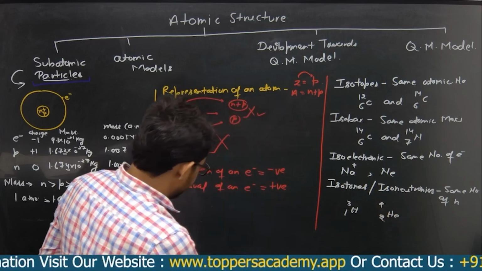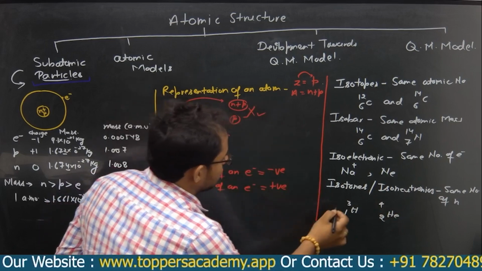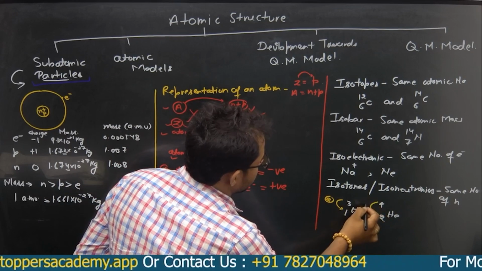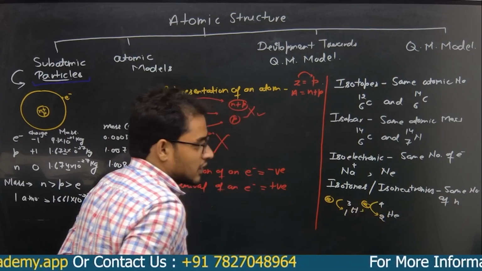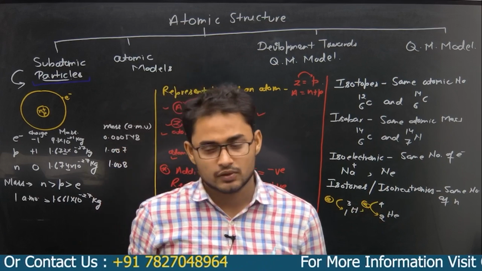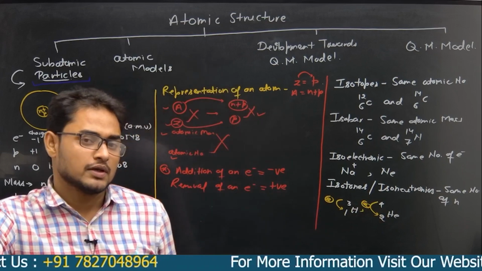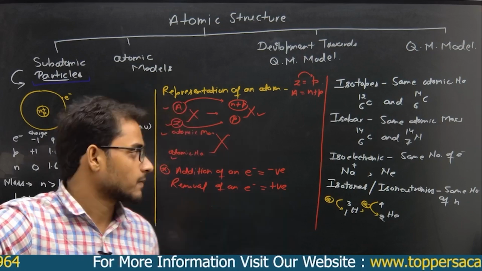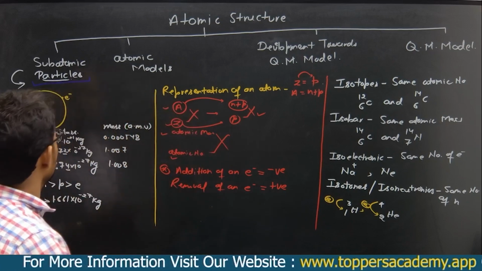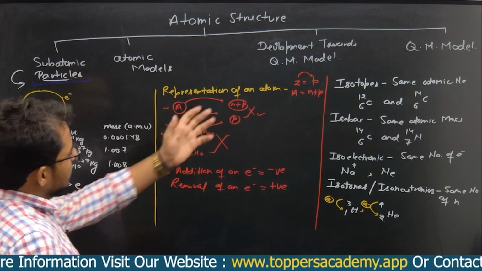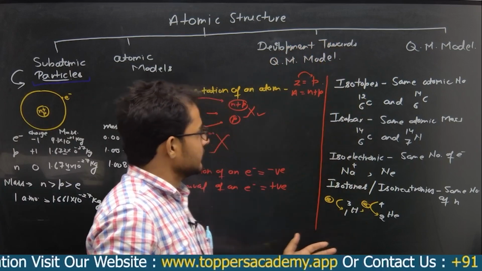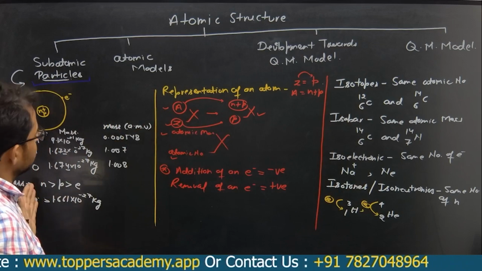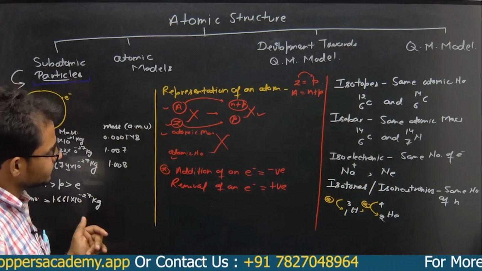So see, 3 minus 1, there are 2 neutrons, 4 minus 2, there are also 2 neutrons. If we want to calculate the number of neutrons in an atom, generally we subtract the atomic number from the atomic mass, right? So this is how we have discussed basic terms. We have discussed the representation of an atom and subatomic particles, right.